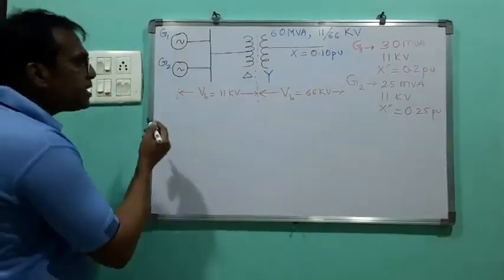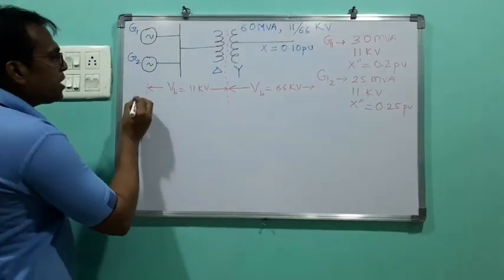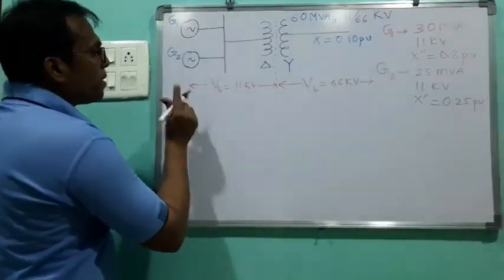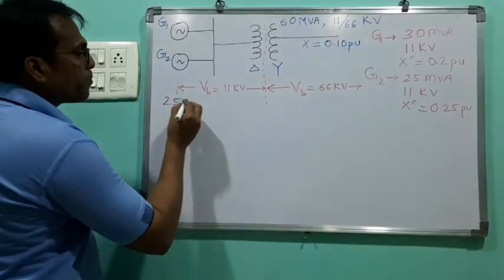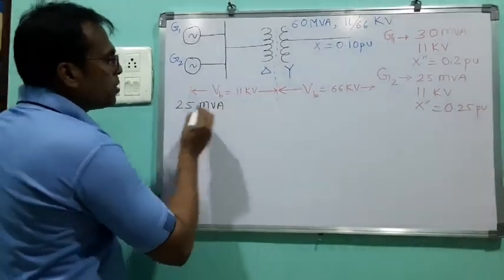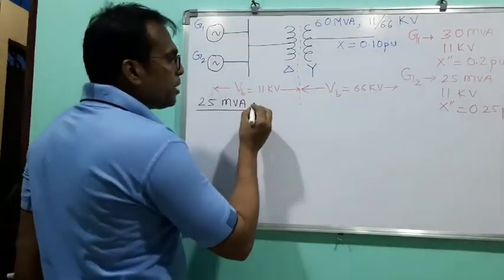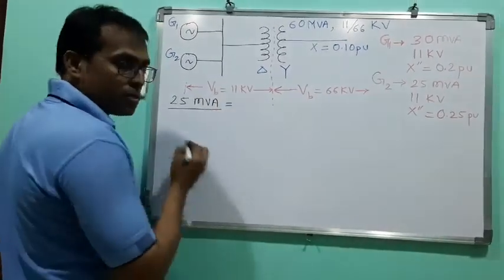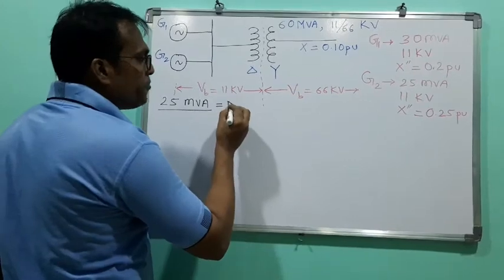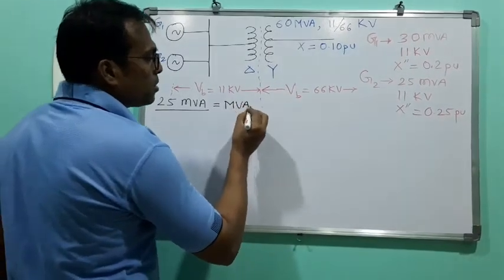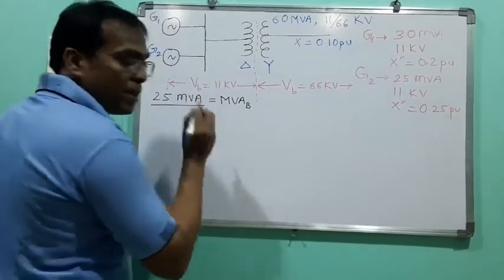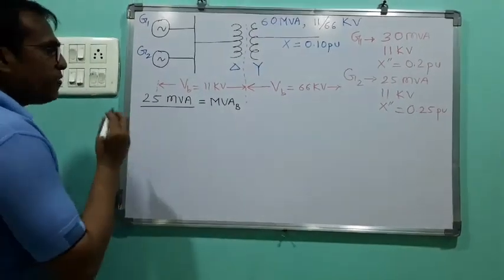You have to calculate the reactance for 25 MVA. Okay, so this is nothing but your new base. This is called the new base. So the MVA base, the new base, is nothing but 25 MVA.